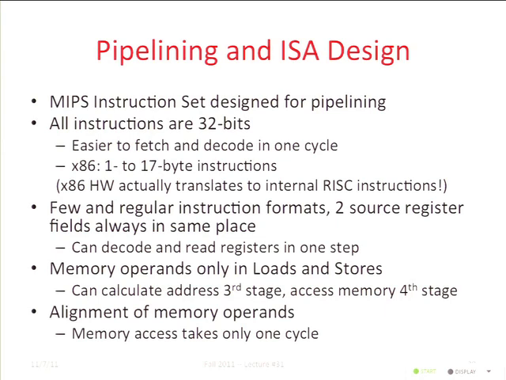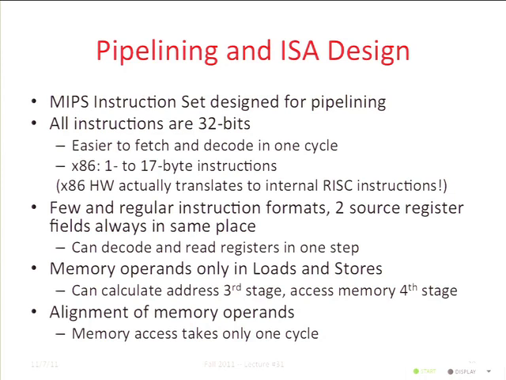That makes it really easy to do decoding and reading registers, and we can in fact do it in one step. You wouldn't be able to do that with much more complex instruction decoding. It would take longer. So there are things like that in the MIPS architecture that make it this kind of simple 5-stage pipeline. But in a more complicated processor, you might have more stages than that.